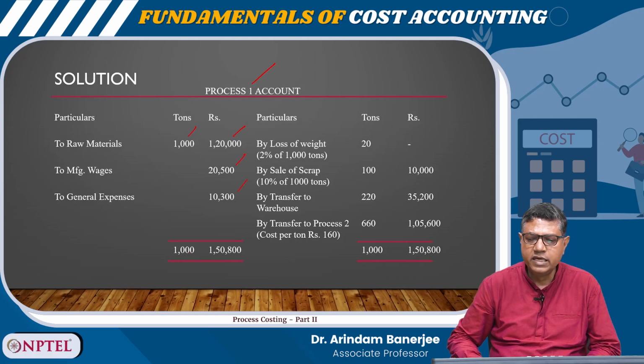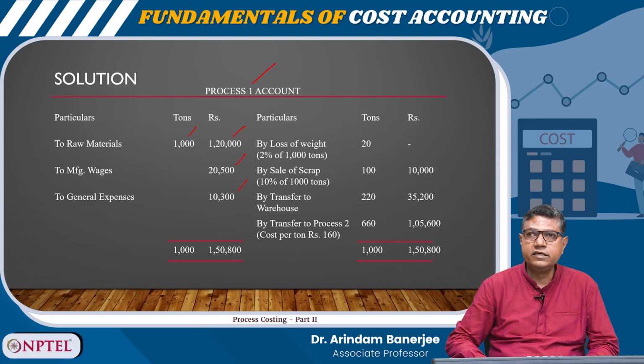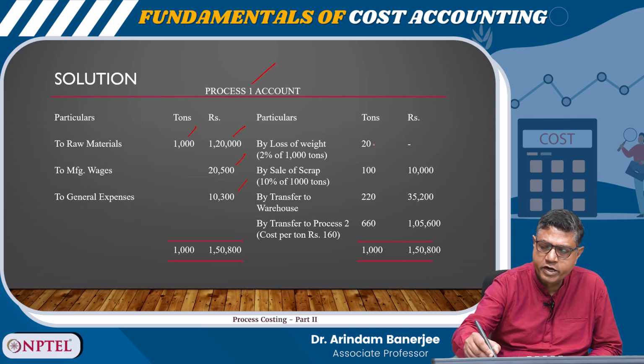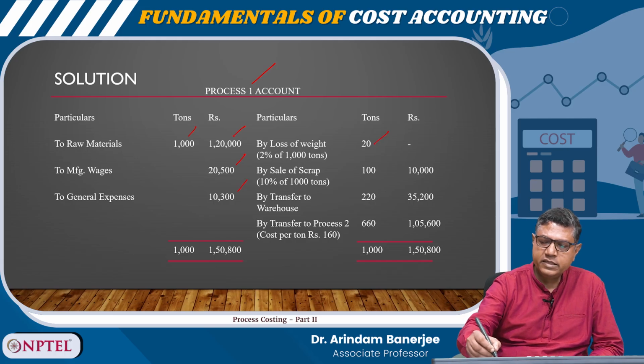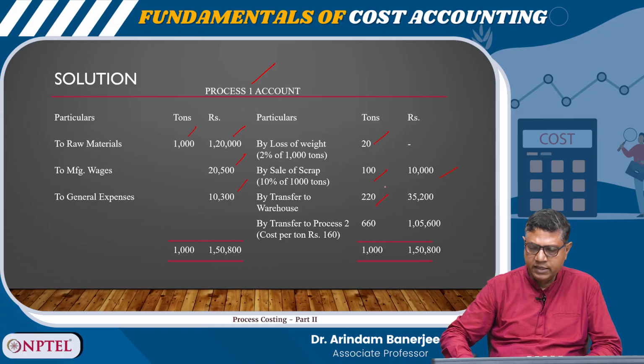Now, out of this, loss of weight is 2%, that is 20 tons, and sale of scrap is 10% of 1,000 tons, that is 100 tons, so rupees 10,000.